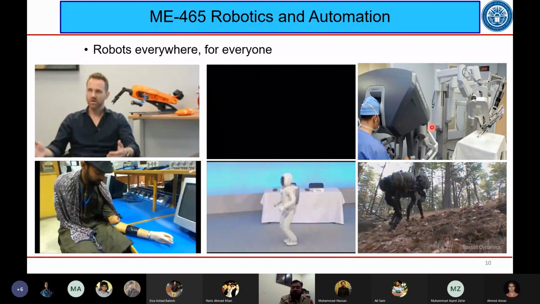This has actually happened in Sir Syed University, where they have a lab in which they are working on this project, and they are carrying out surgeries like this. This is again something which is of interest to you.